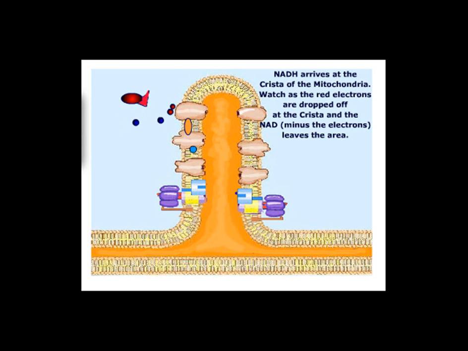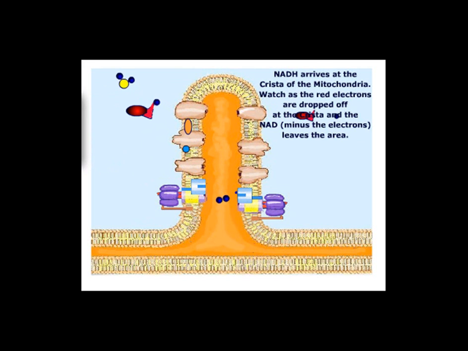As we watch this flash diagram, we can see the translocation of hydrogen ions across the membrane into the intermembrane space by the drop-off of the NADH coenzyme. The little spaceship guy, NADH, drops 2 electrons off at this cytochrome complex.